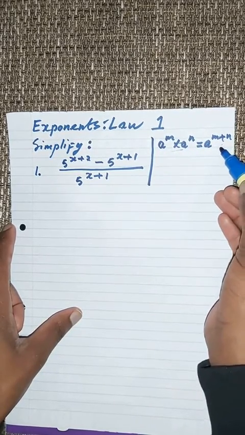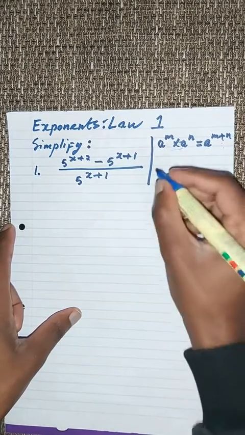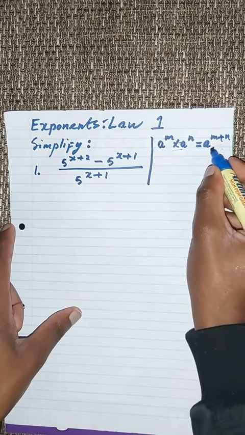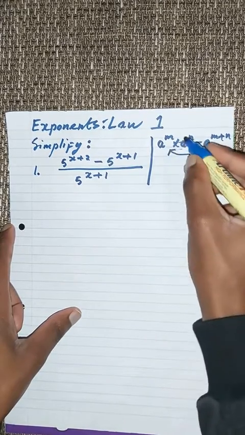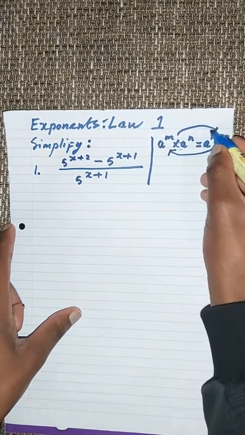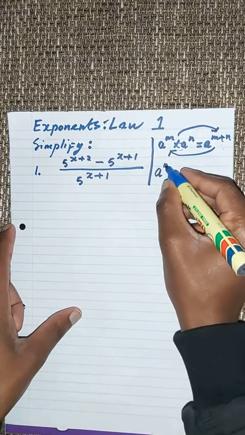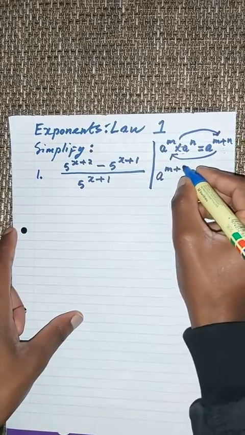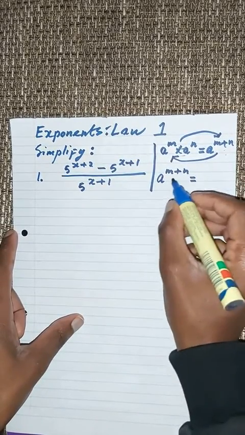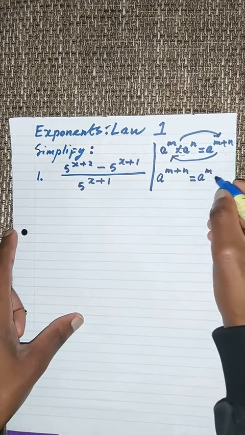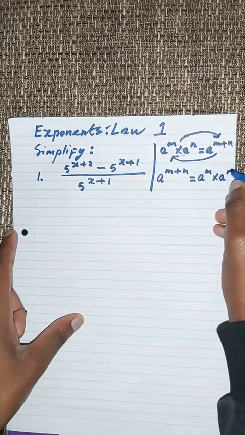So if I reverse this, if I take this to this side and this to this side, it means that if I have a to the power of m plus n, when I reverse this, I should have a to the power of m times a to the power of n.